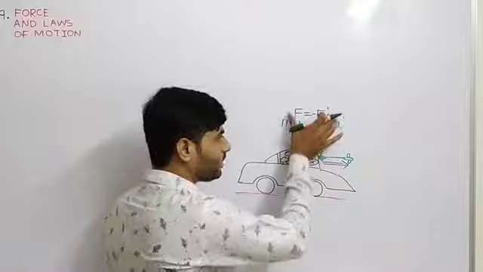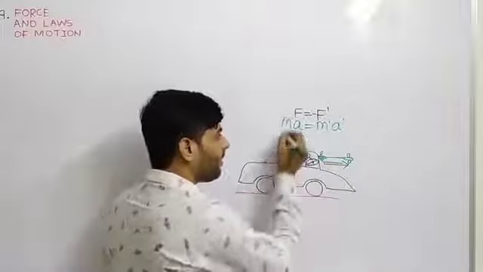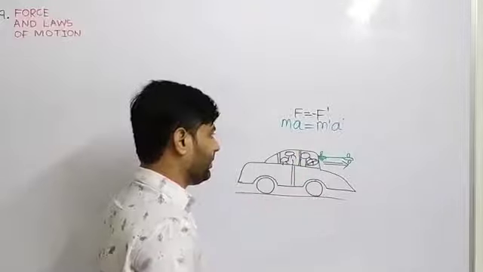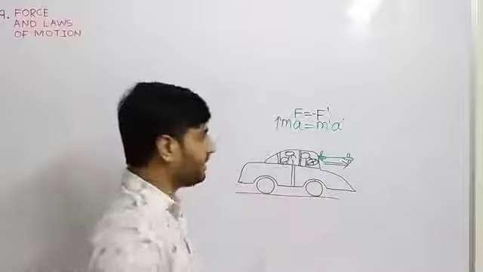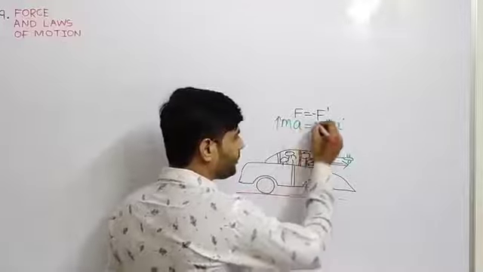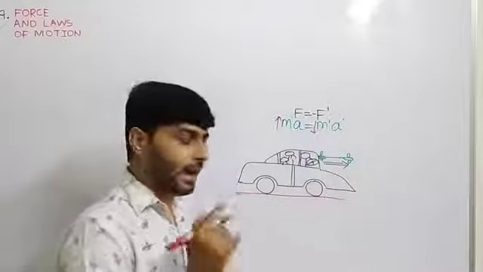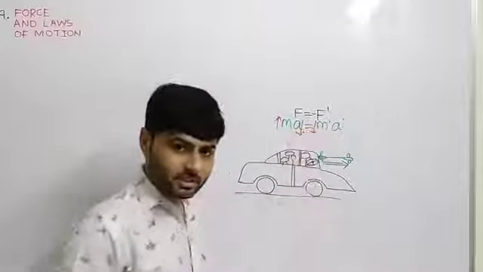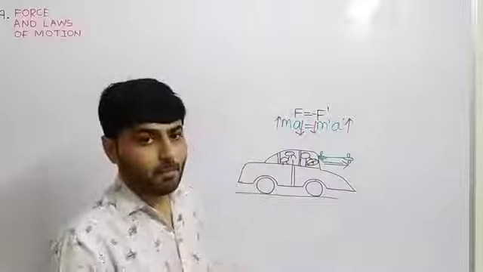So the force on both will be the same, but the mass of the car is very high, and the mass of the insect is negligible compared to the car. So here we have less acceleration, and here we have much more acceleration.